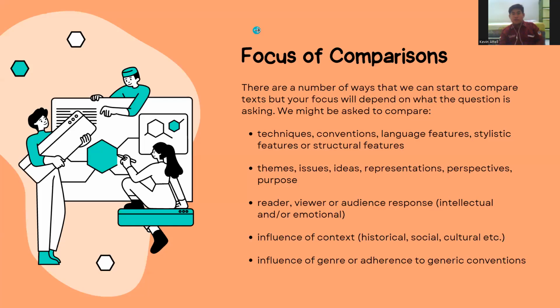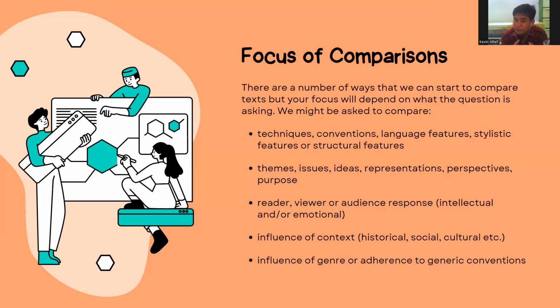So, the focus of comparisons. There are a number of ways that we can start to compare texts, but your focus will depend on what the question is asking. We might be asked to compare techniques, conventions, language features, stylistic features, or structural features.